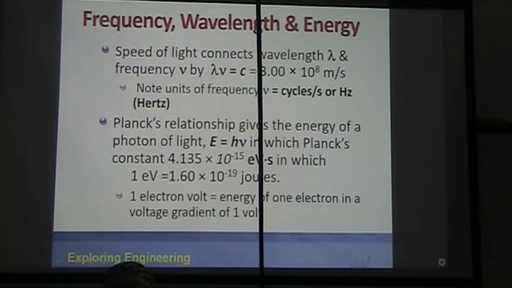So gamma times nu equals c, which is the speed of light.